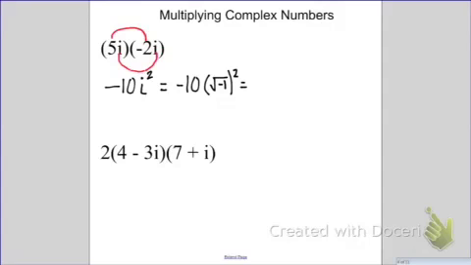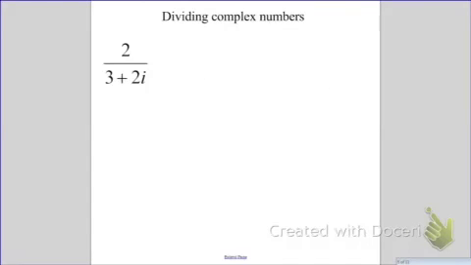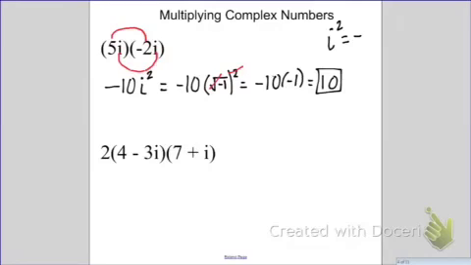And that's going to basically cross out that square root sign and the exponent, and we end up with a negative 10 times a negative 1, which is positive 10. In other words, whenever you see i squared, you're going to replace it with a negative 1.